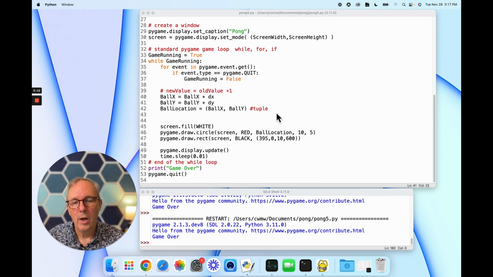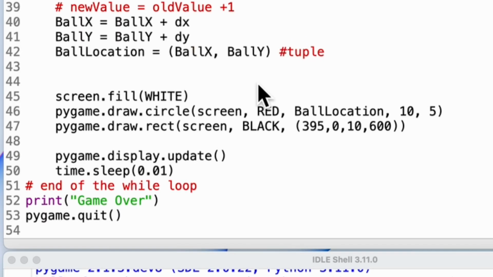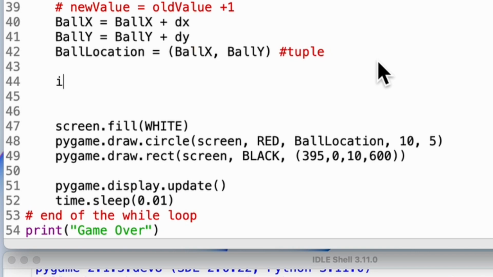Now, what we're going to say here is we're going to put an if-then statement in here. And let's try this. We are going to say if the ball y is greater than 600.